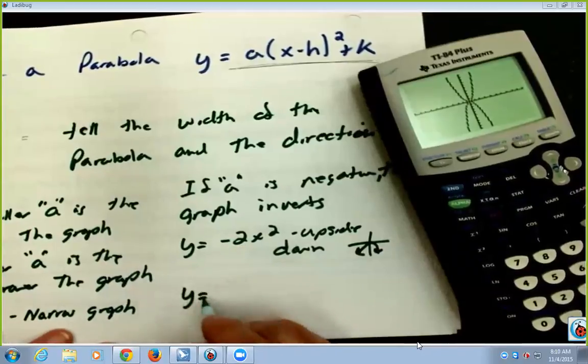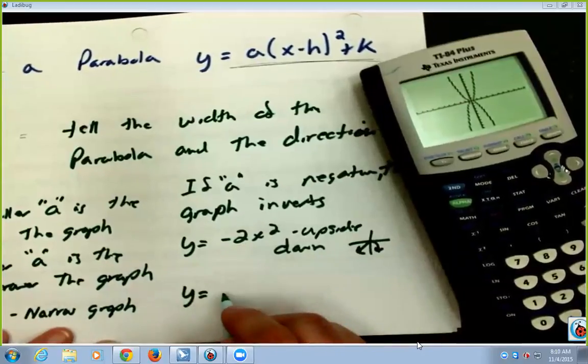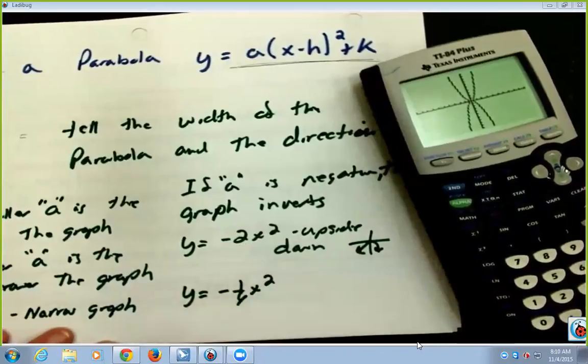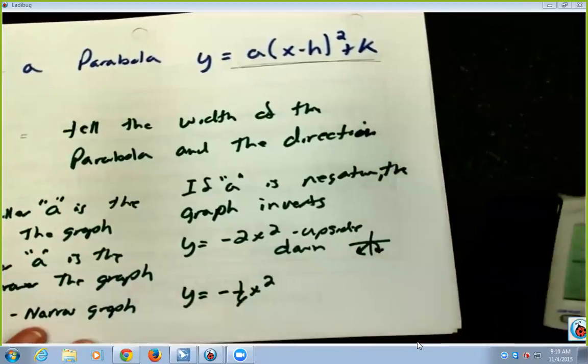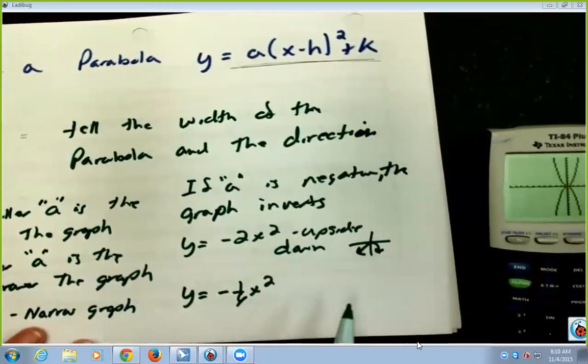So then if I had another one in here of y equals a negative 1/4 x squared, which way would that graph go? And would it be narrow or would it be wide? So what do you guys think? Right side up, upside down.